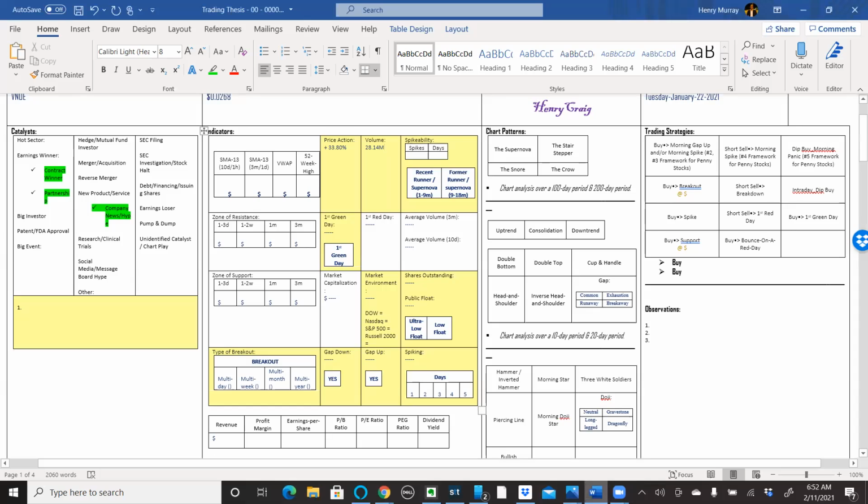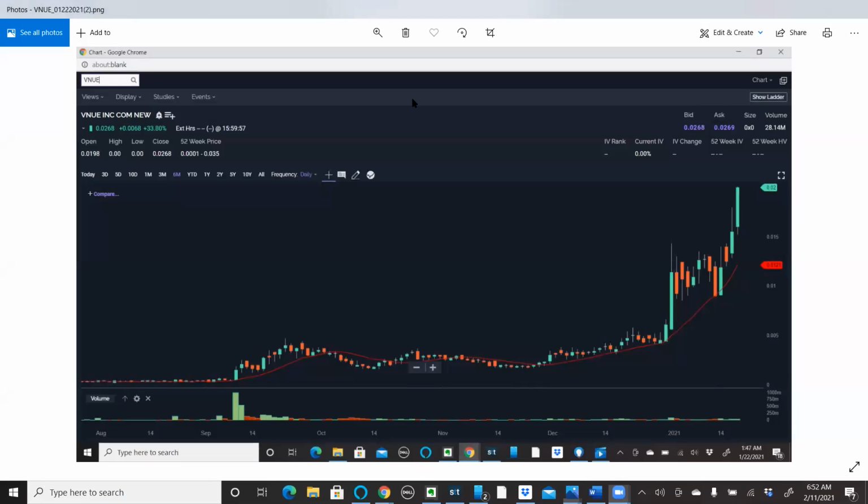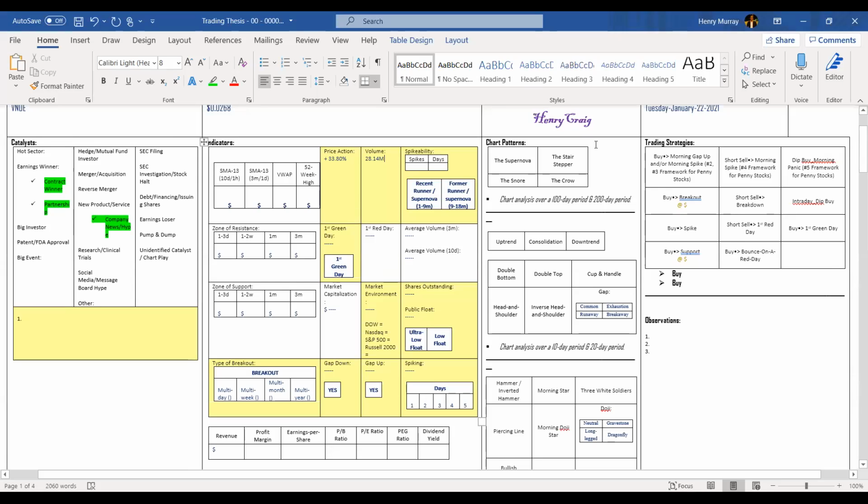And if we take a look at the graph, you'll see right here, VNUE back in September of 2020. It ran for 2 days. So this is a recent runner. So on our template, creating our trading plan, I'll highlight this box indicating it's a recent runner.